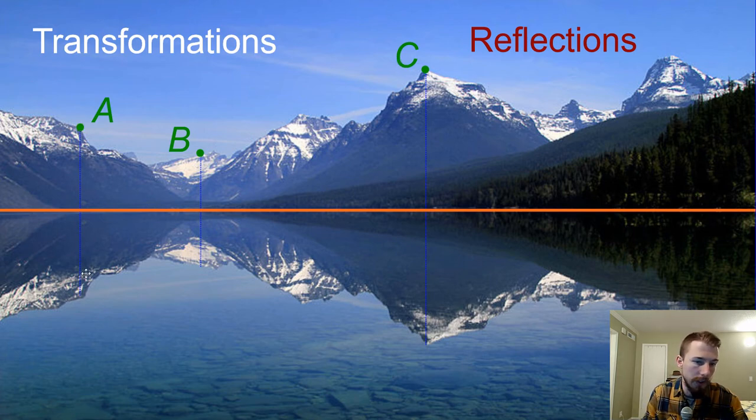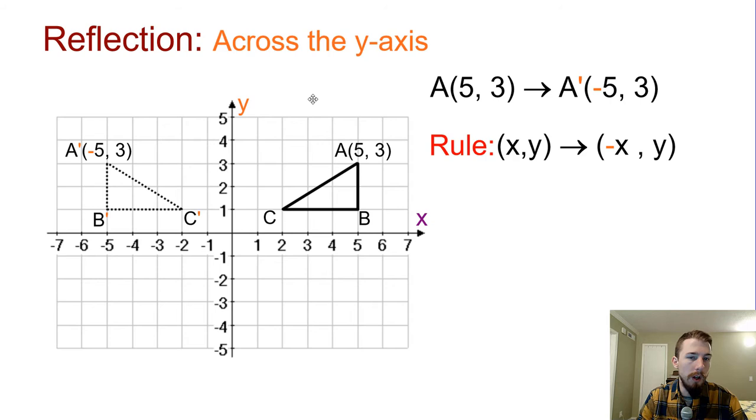So going directly down from A to A prime would be the reflection of A across this axis, or this line here, and then B is being reflected across that axis down here to B prime, which would be the image of the reflection across the axis, and then C is being reflected right here to the point here, the summit in the water. Everything, all the points, those are just three that we picked out, are all going to be reflected across that line.